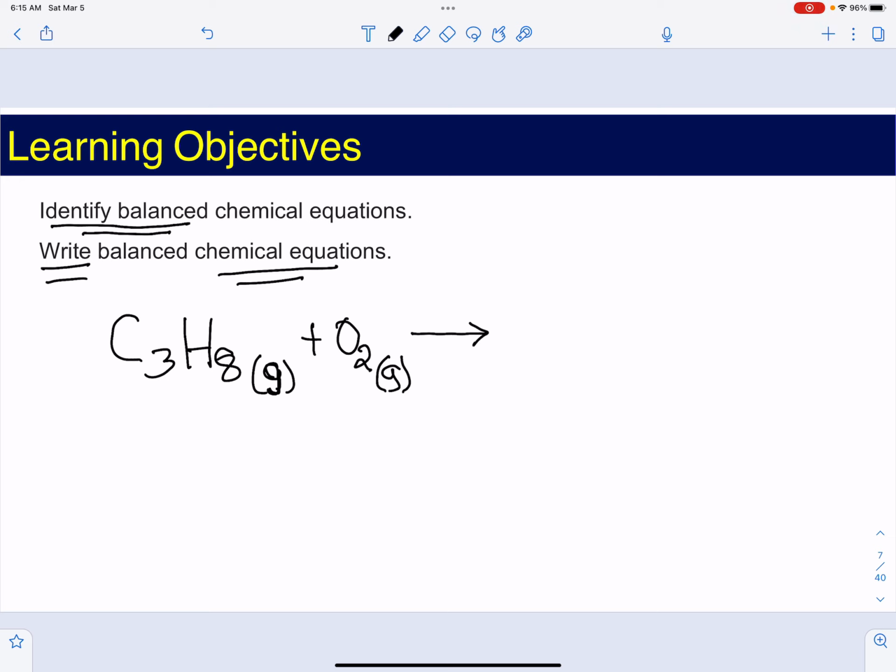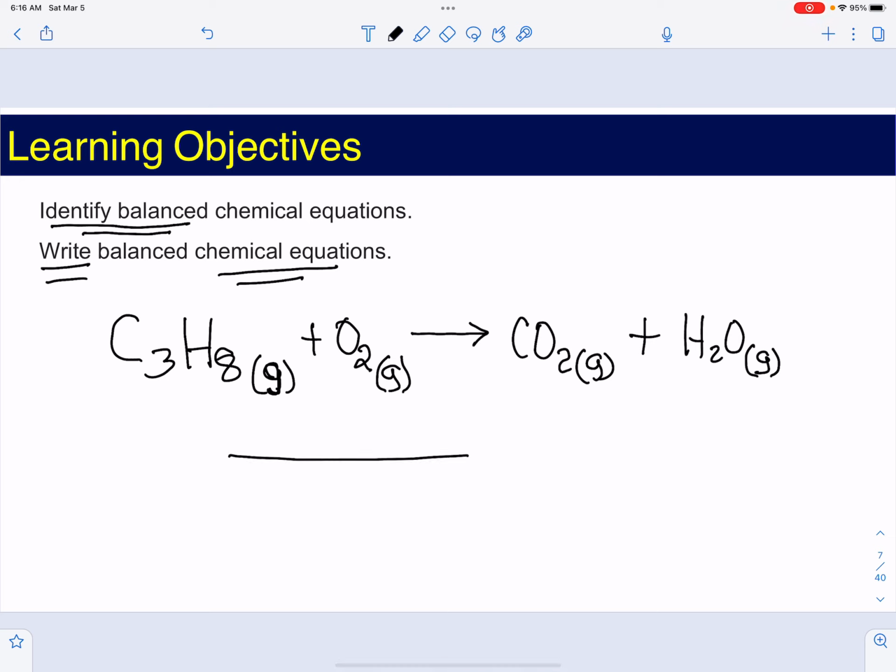And when you burn propane, you're going to produce carbon dioxide, which is a gas, and water. But because you have a lot of heat and fire, the water is going to be water vapor, not liquid water. So then we do this. Well, we gotta make sure that we do not violate the law of conservation of matter, right?